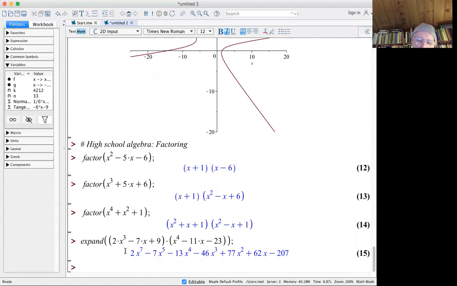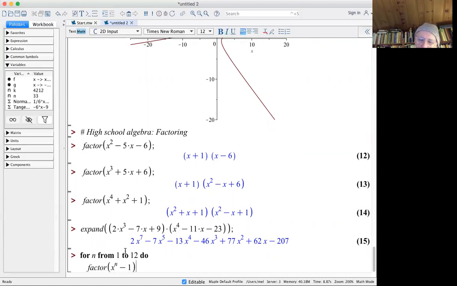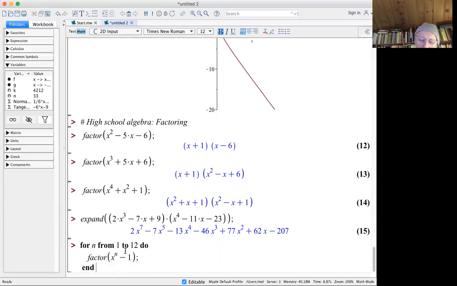Let's see. I'm curious. For n from 1 to 12 do, what happens if we factor the polynomial x to the n minus 1? Let me put an n comma so I know which we're doing.